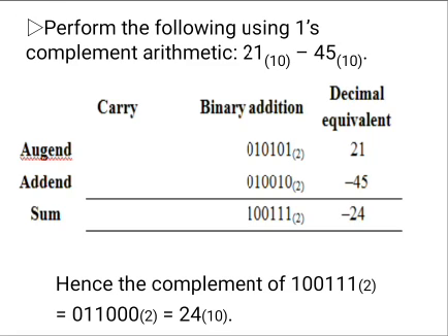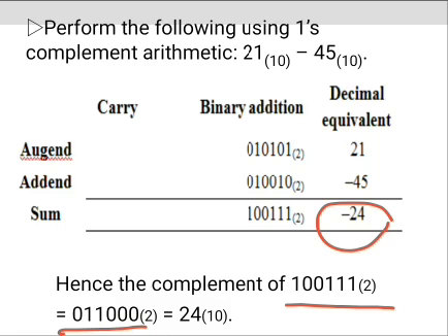That means when the result is negative, the answer is not in the normal form, but in the complemented form. Hence, the complement of 100111 equals 011000. It is in base 2, that is 24.